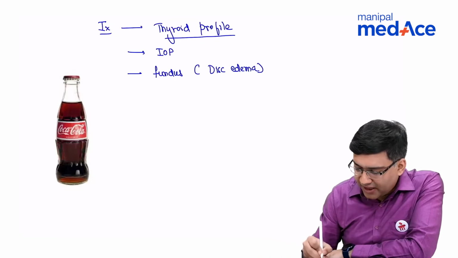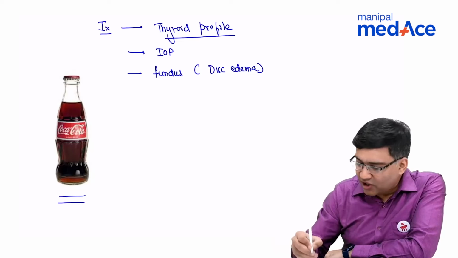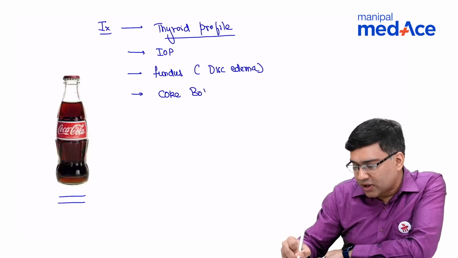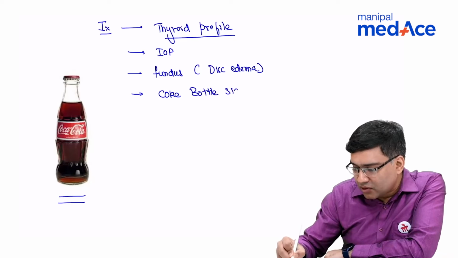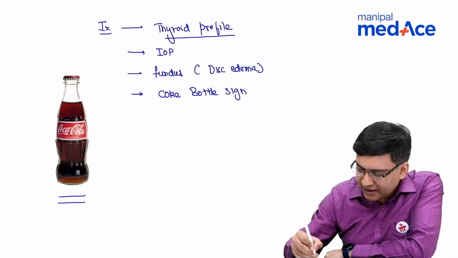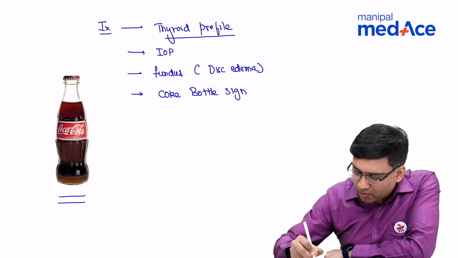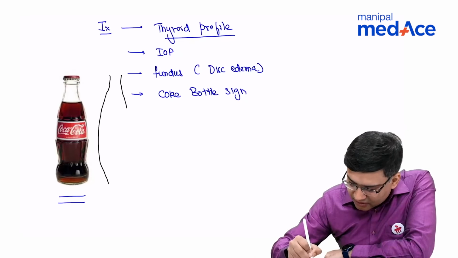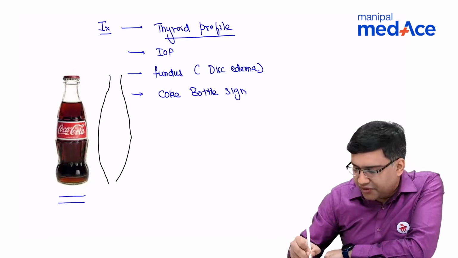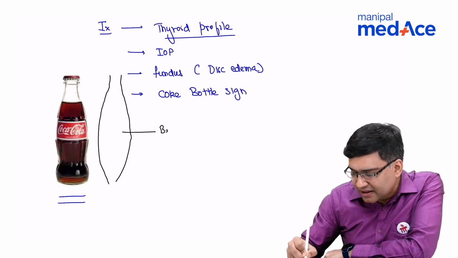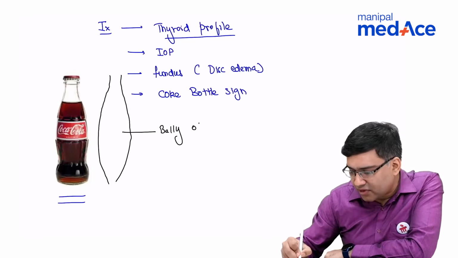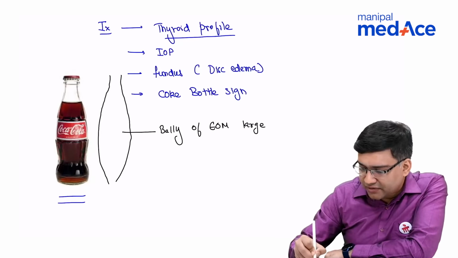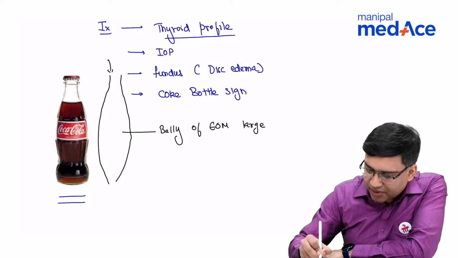And you would say, sir, why have you put a Coke bottle here? Because on radiological imaging, you would get a sign which is called Coke bottle sign. So what is Coke bottle sign? Like a Coke bottle, your muscles would be enlarged like this, where the belly of the extraocular muscle would be large with a tapering.